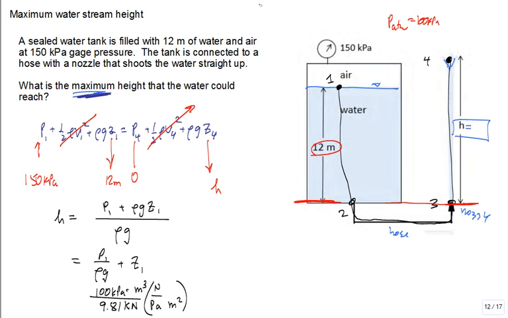And so that should work out where I get the Pascal, the Newton, the kilo, and then I'll have only a meter left in that unit for P over rho g. And then I'll add to it the 12 meters. So the maximum height comes in at 12 plus 15.3. So it's 27.3 meters.